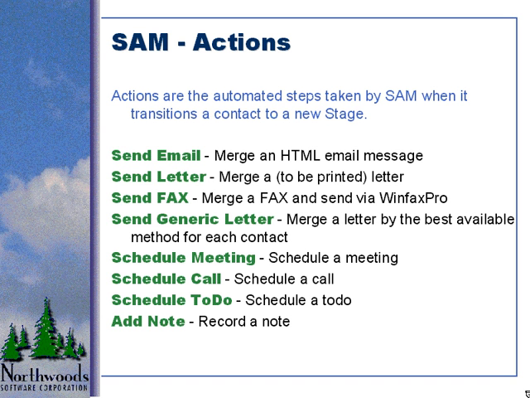The actions, the things that can happen when those preconditions trigger, are send an email, and that's merge an HTML email message, and this part of SAM is derived from technology that we built for Mail Merge Mania. In fact, it's the same source. We reuse it.